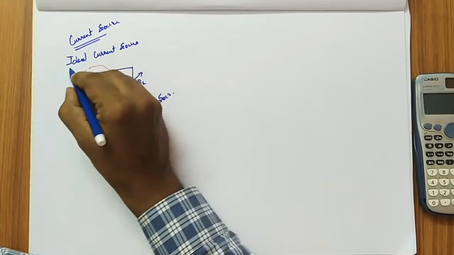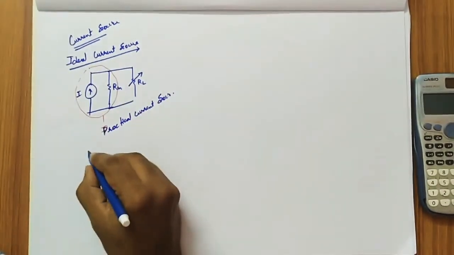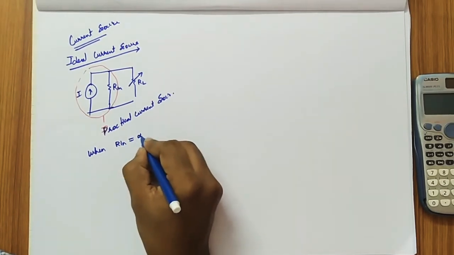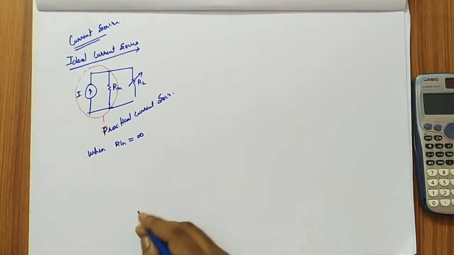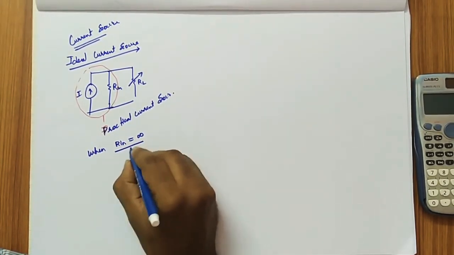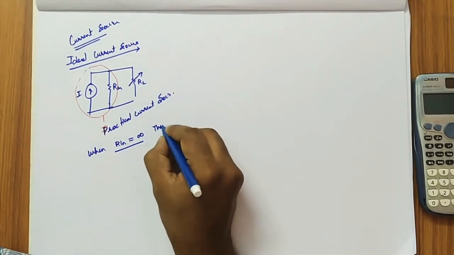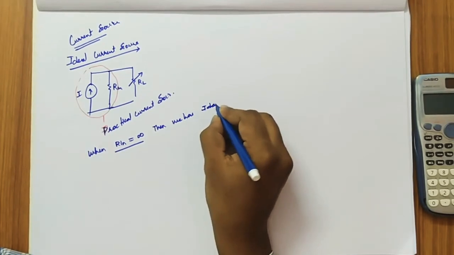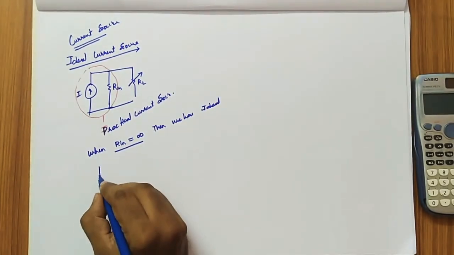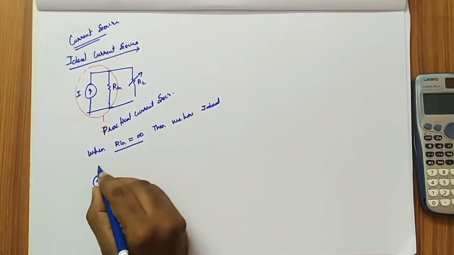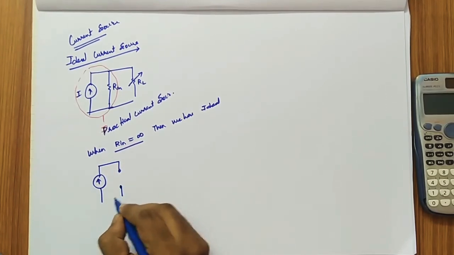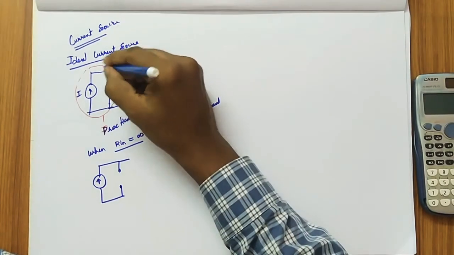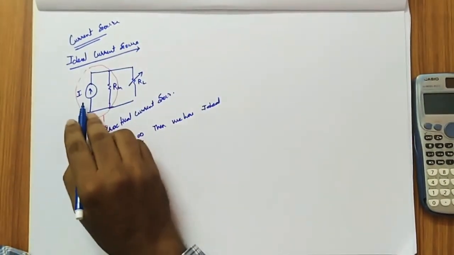The ideal current source is when the internal resistance is infinite. When the internal resistance is infinite, then we have an ideal current source. What you need to understand here is, internal resistance infinite means there is no chance of flow of current through it.